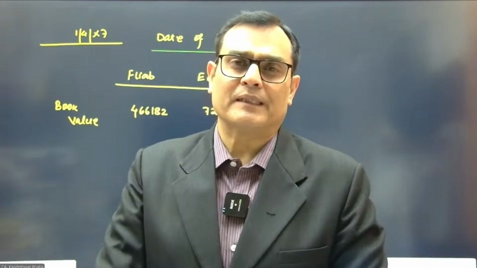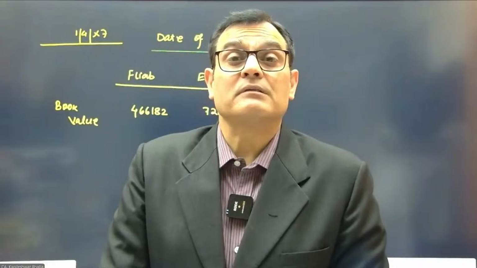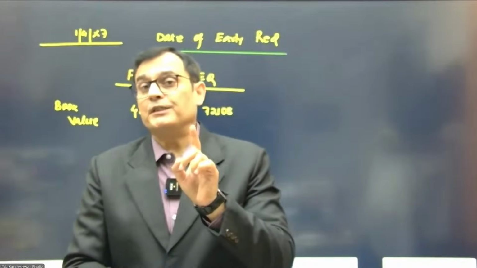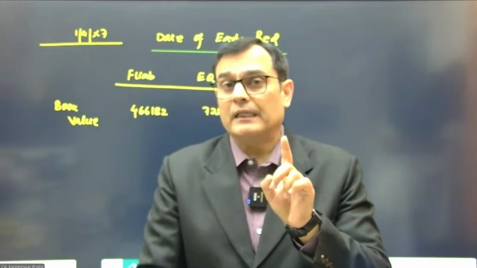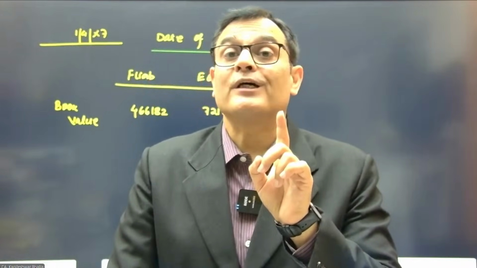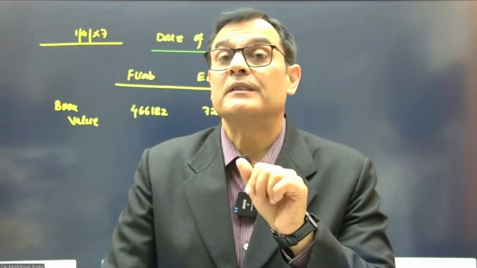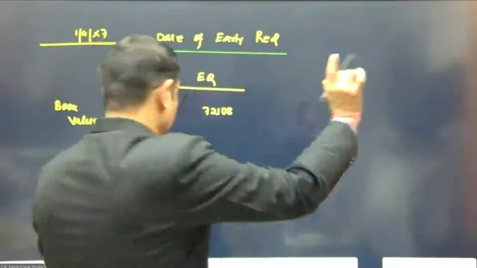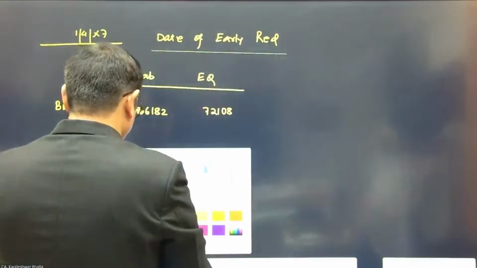But how do we do the split? Do the split accounting exactly in the usual manner. But remember, at this stage, the split accounting will be done on the rate which is prevailing on a non-convertible instrument with the same maturity. Now, this is something which I want to stress. Watch this very carefully.